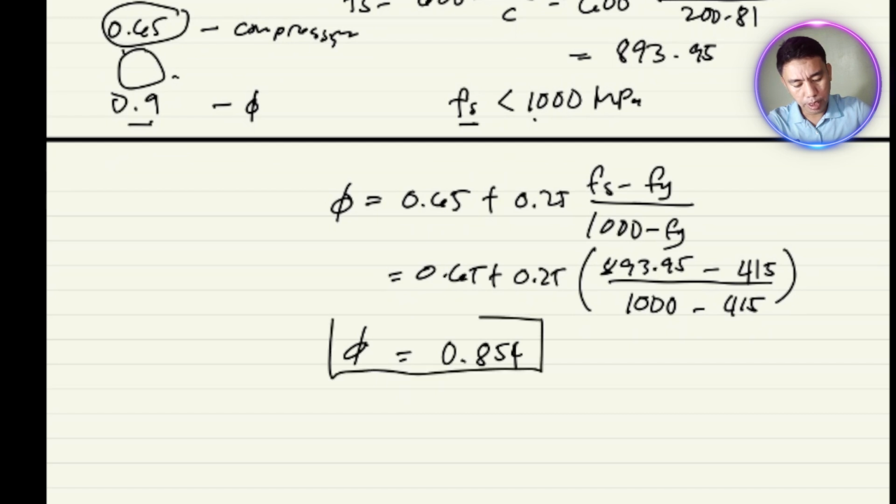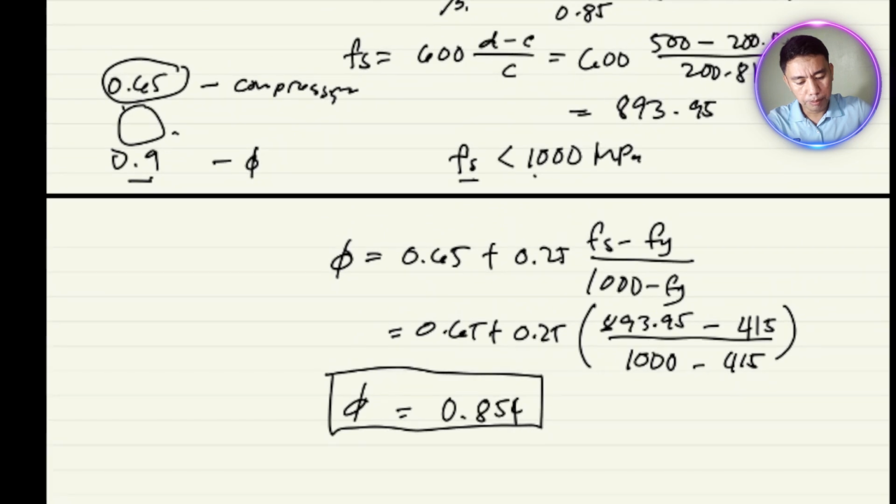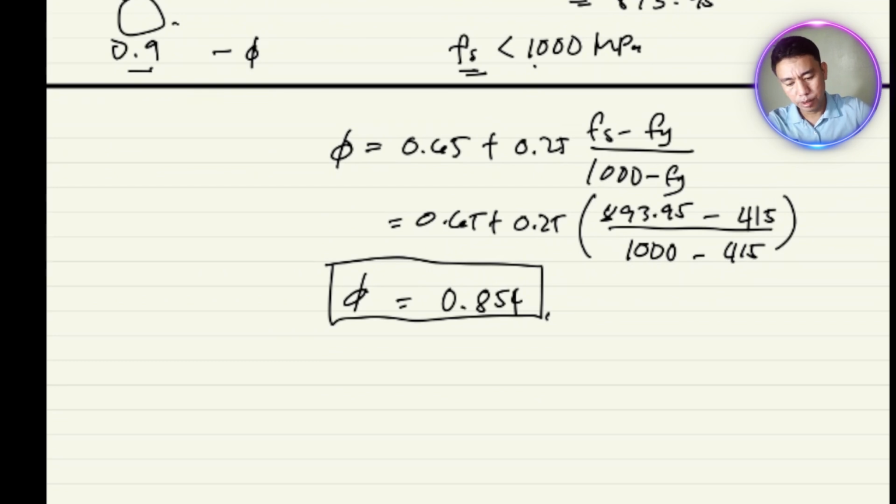So if you see here, ang phi natin, tension control pa rin siya, pero this is less than 1,000. So kaya in between siya ng 0.65 at saka 0.9. So our value here is 0.854. Okay? So we can now solve VMN.